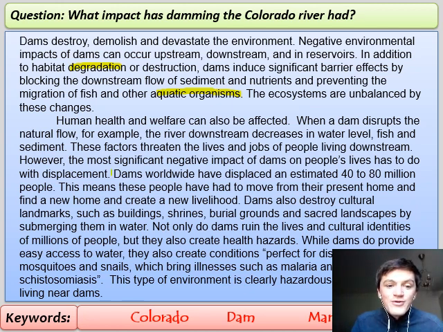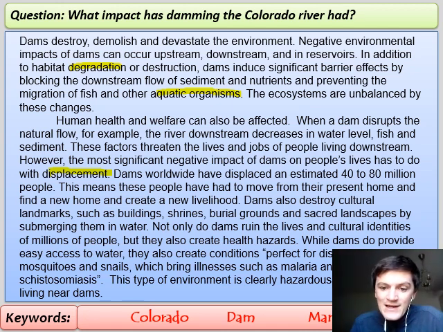So this is talking generally about dams, so dams in Asia, Africa, Europe and America. Dams worldwide have displaced, moved, an estimated 40 to 80 million people. This means people have had to move from their present home to find a new home or to create a new livelihood. Dams also destroy cultural landmarks such as buildings, shrines, burial grounds and sacred landscapes by submerging them in water.